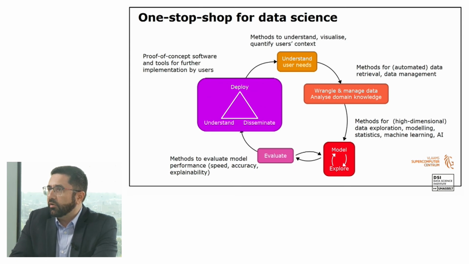We also develop methods to evaluate such models, for example, assessing their speed, accuracy, explainability, and replicability. Finally, we develop proof of concept software and tools that can be further implemented by users.